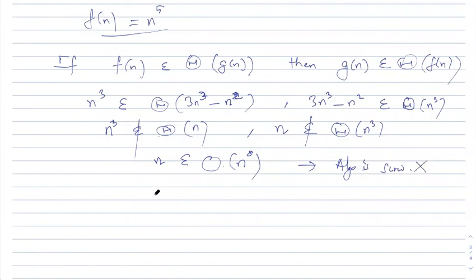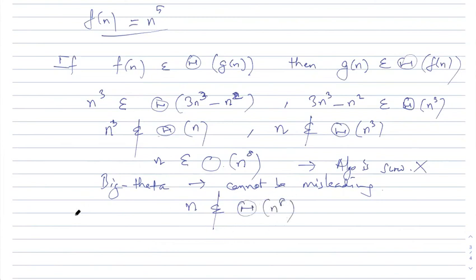Big theta, on the other hand, does not carry this problem. It cannot be misleading, because you're putting the bound from both above and below, and n is not an element of big theta of n to the power 8. So this is the key point.